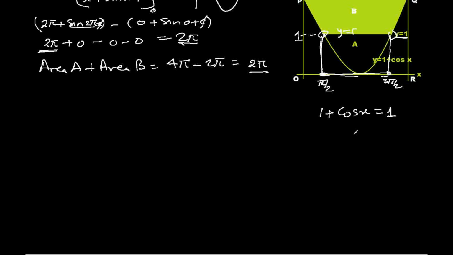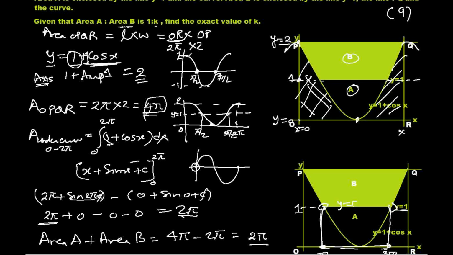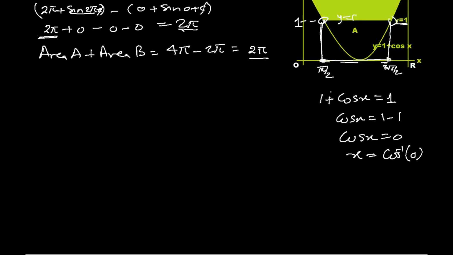So make it equal to 1, you'll get what? Cos x equal to 1 minus 1, cos x equal to 0, and if you write x equal to cos inverse 0, you will again use the graph and you can see that it is pi by 2 and 3 pi by 2. So logically, mathematically, any way you can do it.